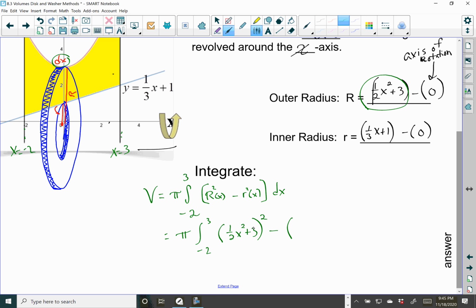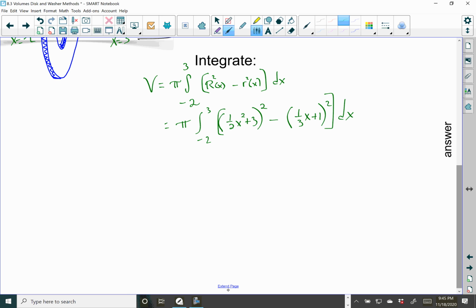Notice the squaring is on big R, not the difference of these, but each individual radius. 1/3 x plus 1 quantity squared dx. I think we covered this stuff last year, but it was at the very end of the year and it was a short year, so I'm thinking you guys don't have a lot of practice on it. That's what I'm left with, and that will definitely be a fun one to integrate by hand.